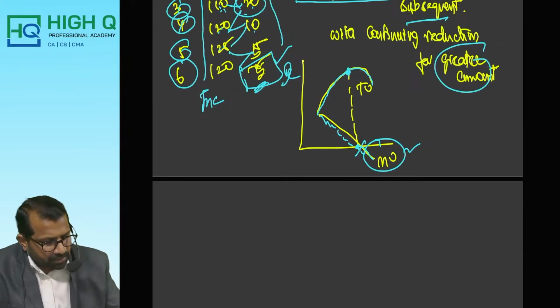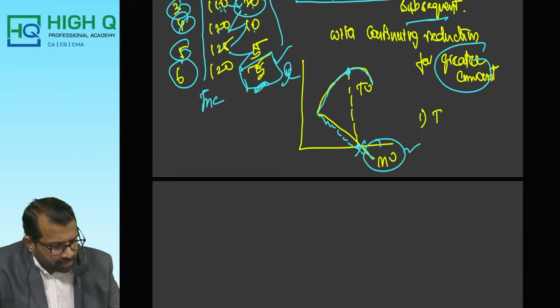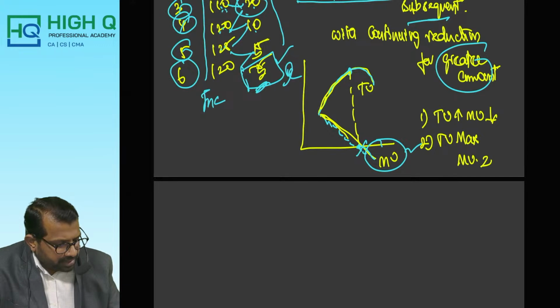Here you can expect a one word question. Point number 1: when total utility increases, marginal utility decreases. This one started to increase, this one started to decrease. Point number 2: when total utility is maximum, marginal utility is 0. This portion becomes maximum, but here it becomes 0.